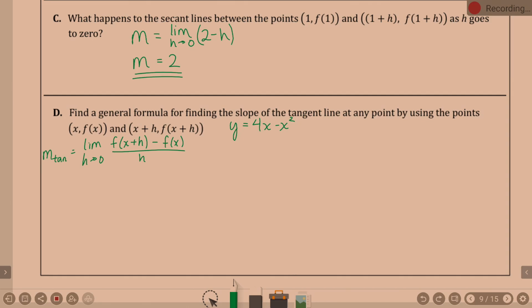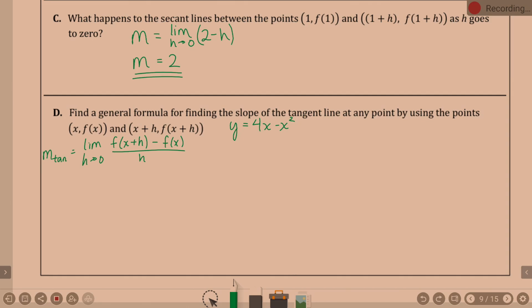Okay, so finding just a general formula that can be used for any point. We talked about using 1 at the beginning, but we can use it for any point. This is going to be similar to what we did in part B, but we have the x plus h instead of 1 plus h.